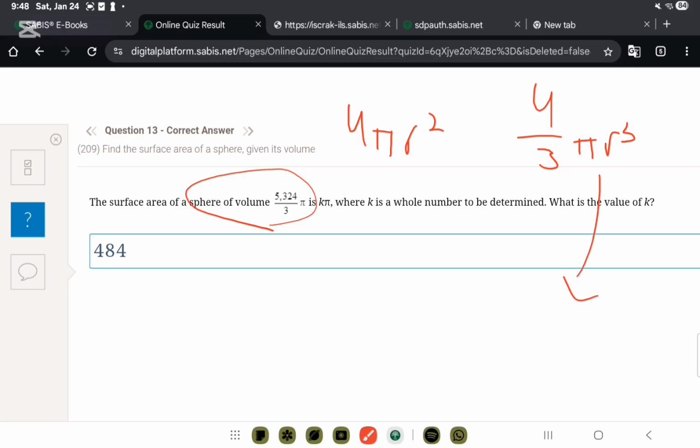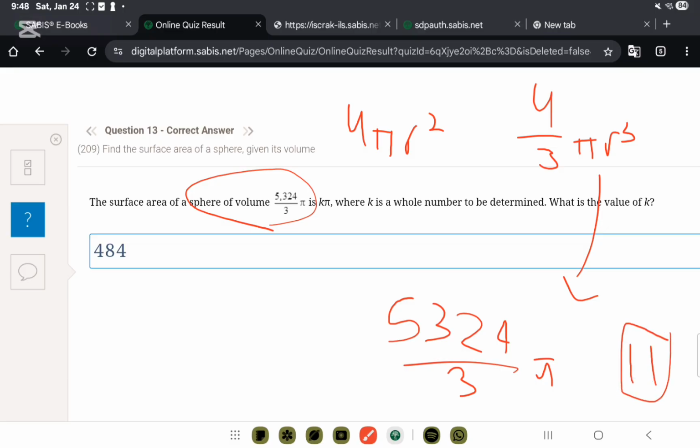Okay, so 5324 over 3 pi is equal to 4 over 3 times pi times r cubed, sorry. We got that the radius is going to equate to 11.